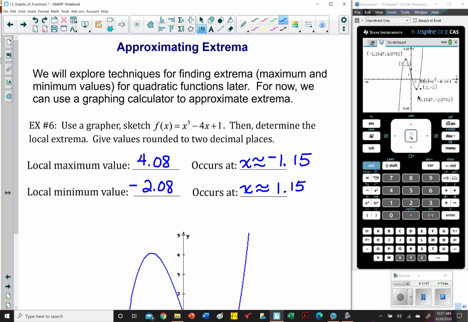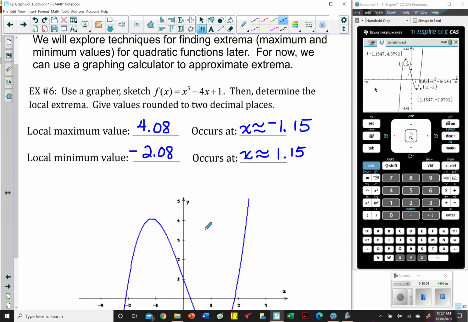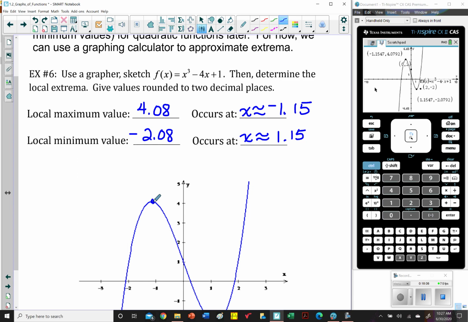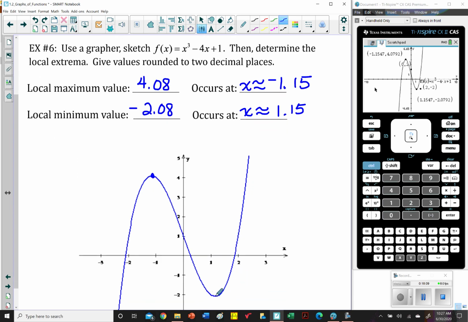So this graph has symmetry there a little bit on the x values. So right there and right there if you wanted to label those points.